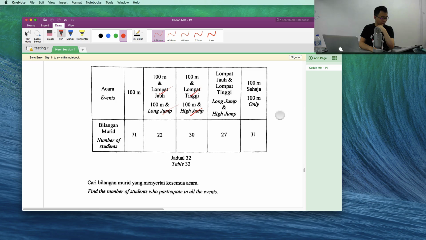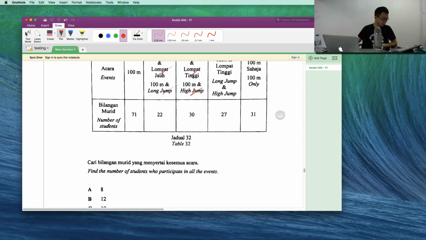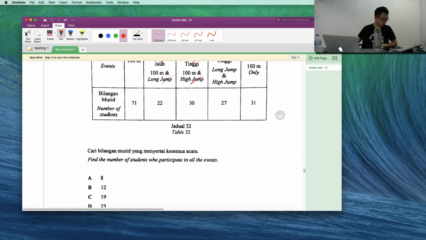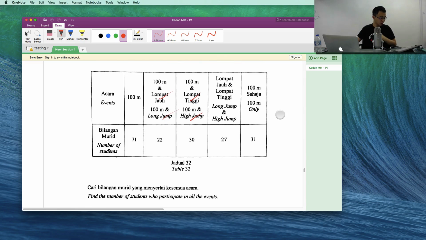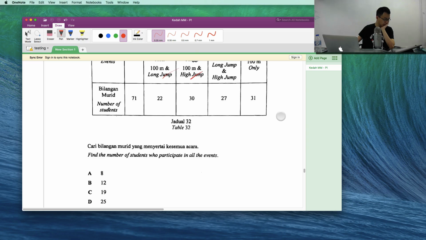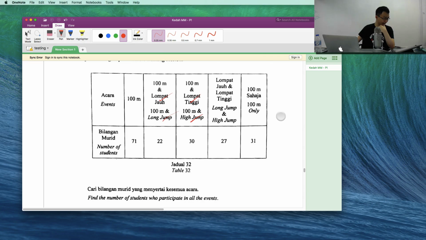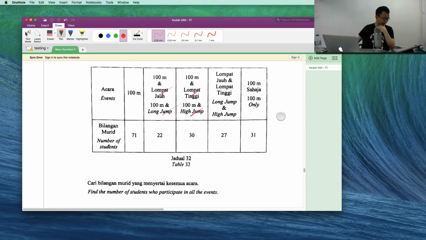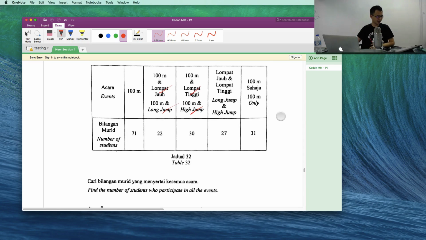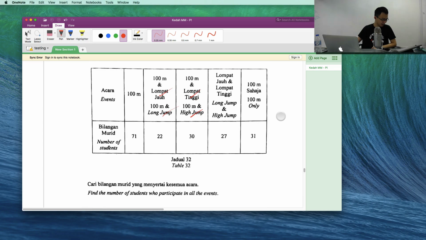So they participate in all 3 activities. No, they want participation in all events. If 100 meter, I guess every one of them runs the 100 meter. I guess the question is trying to say they have something in common in all the cases.